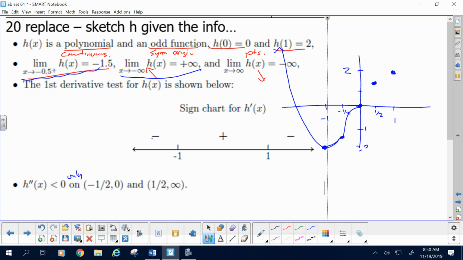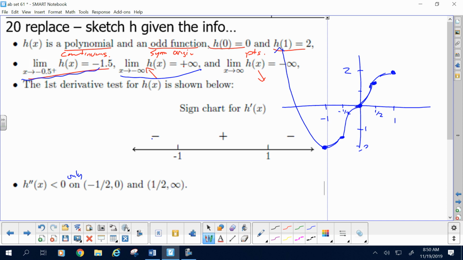Okay, what about 0 to 1/2? Concave up and increasing. And it needs to have some kind of symmetry. And then what about from 1/2 to 1? Concave down, increasing.